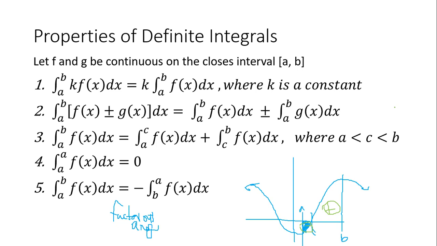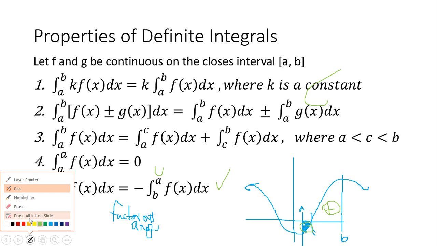Does that still count in your total profit? Yes. Is it going to be more difficult when we're evaluating? Yes, which is why we have this rule here. So this is a very good rule to be able to use. You are able to factor negatives out if you switch the order of integration.